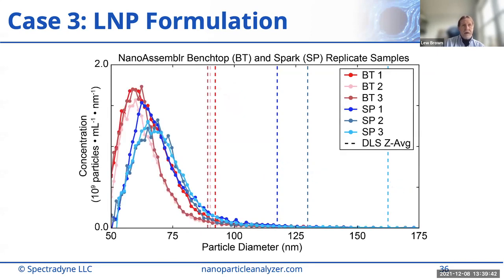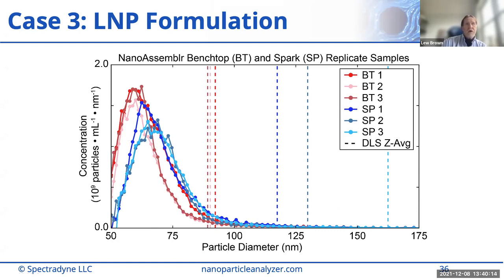We see the 3 red ones here, very repeatable results. And it looks to me like the Z average is around, let's say, 65 nanometers. I'm just eyeballing it. And then the blue Spark measurements are also relatively repeatable, not quite as repeatable as what we see here, but it seems to be just slightly higher. Again eyeballing this, I'm going to say that the Z average is maybe around 70 nanometers.